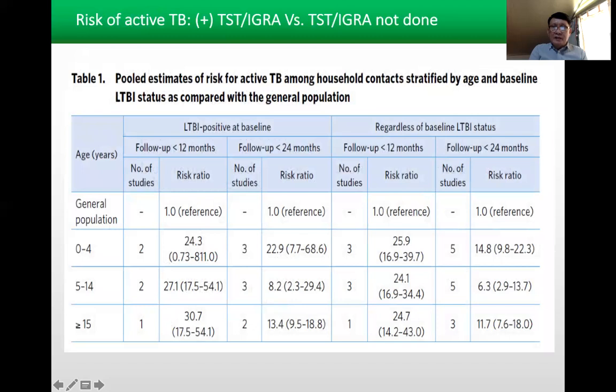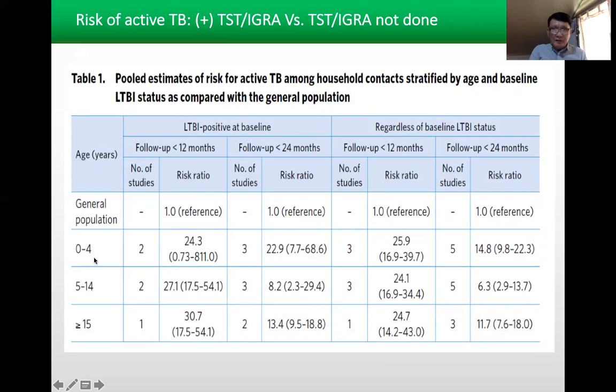Now, this slide is just a presentation of the risk of active TB. This is the estimated risk for active TB among household contacts by age and baseline LTBI status compared with the general population. So we have the age of the child.